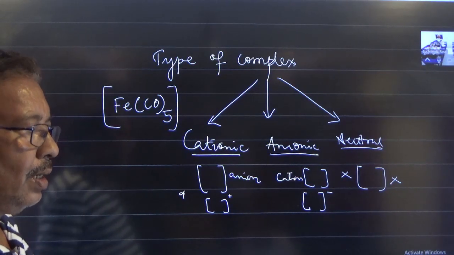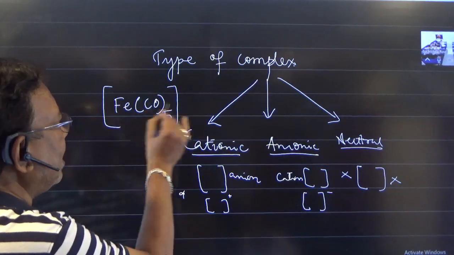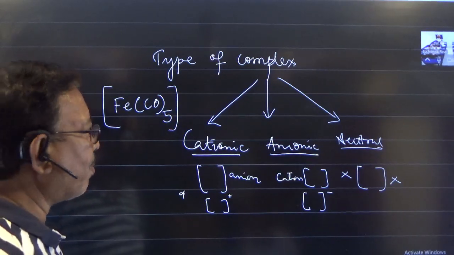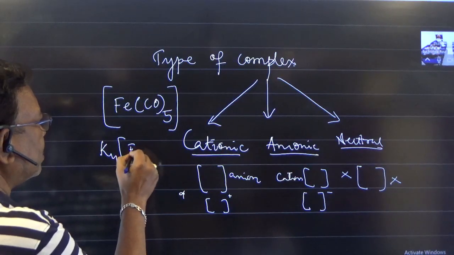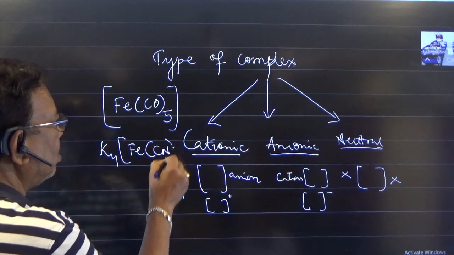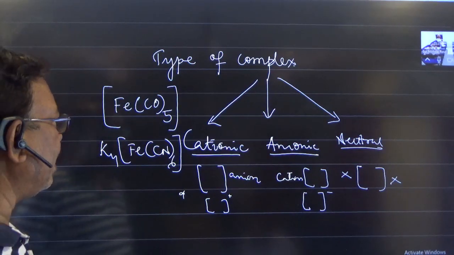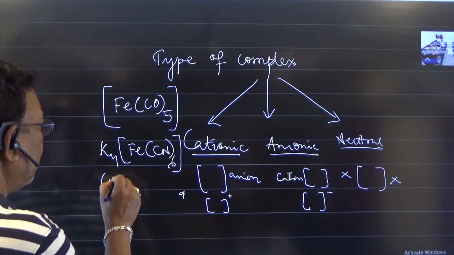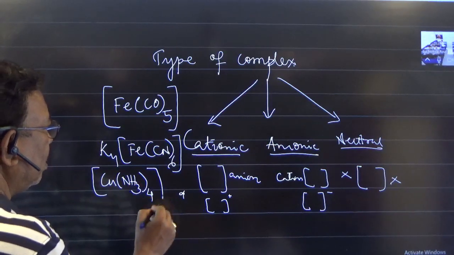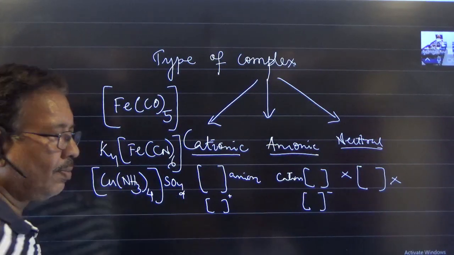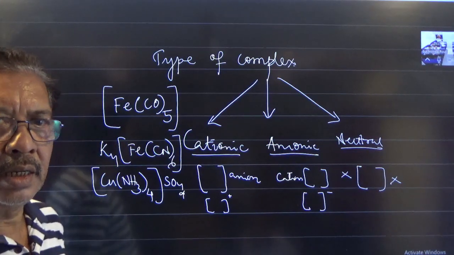Correct. It is a neutral complex because there is no charge, nor is any cation or anion present in the front or back. One more example, K4[Fe(CN)6]. What type of complex is it? Anionic complex. [Cu(NH3)4]SO4. What type of complex is it? Cationic complex. Are you sure, all of you? Only two are answering.